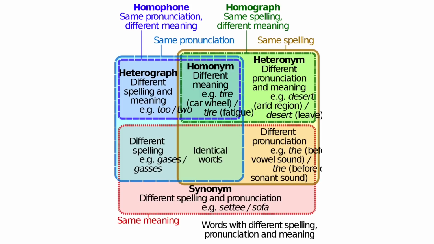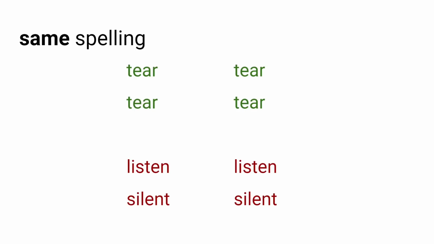There's an entire categorization of what to call a word depending on which of those properties it shares, but I don't want to get into that. Instead, I'd like to focus on what it means for those properties to be the same. Of course, tear and tear have the same spelling, but listen and silent do not.